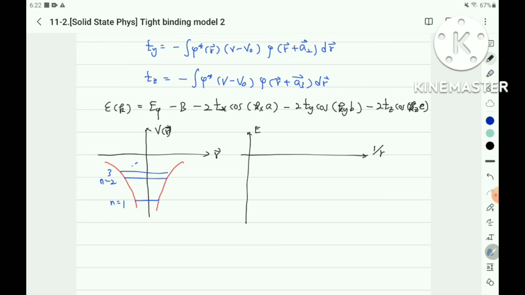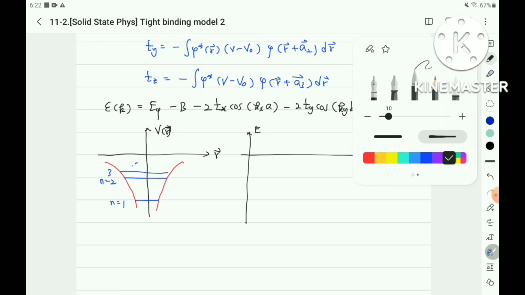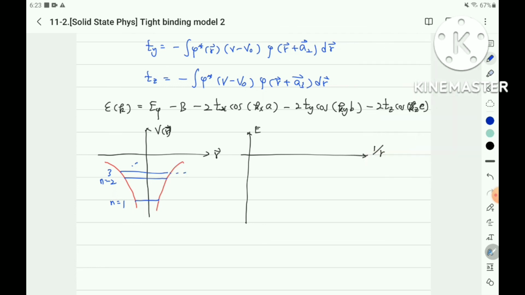Then this atomic level corresponds to a single eigen level, because the x-axis is 1 over R, and the zero limit is the far distance.